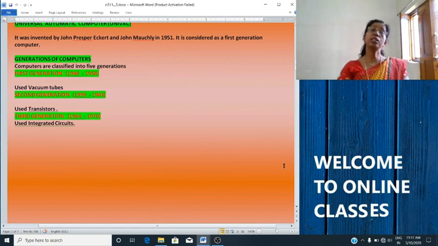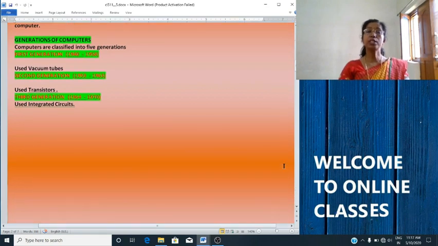Then we studied about the second generation computers. The technology used in the second generation was transistors. Compared to the first generation, this was smaller in size. This also generated so much of heat and consumed a lot of electricity.